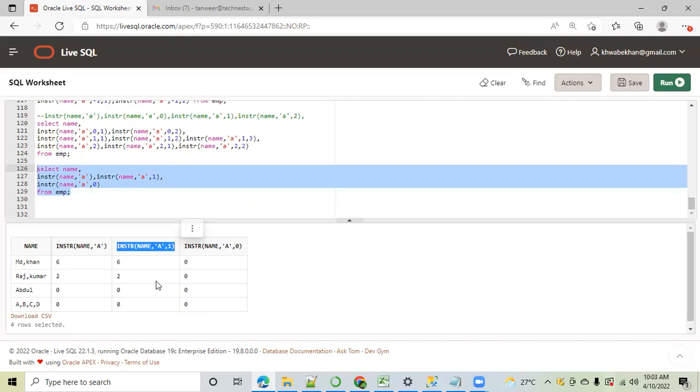The output is the same, but the values I've given are different. There I used instr name comma A, and here I used instr string name comma A comma 1. But I'm getting the same output. Why? By default, it will take 1. Very good. By default, if you are not passing the third argument, the SQL engine will understand that the value is 1. Is this clear?